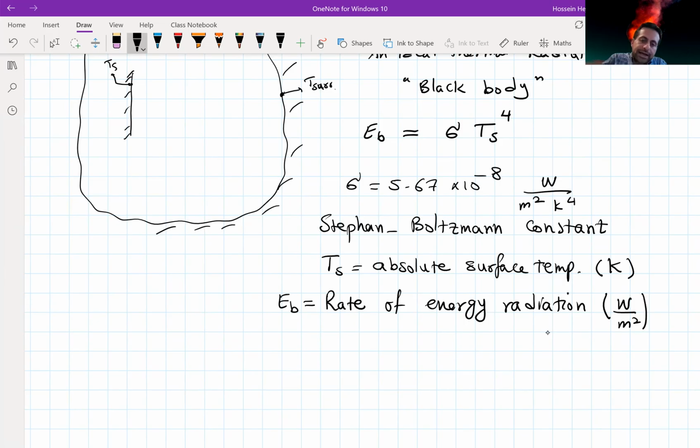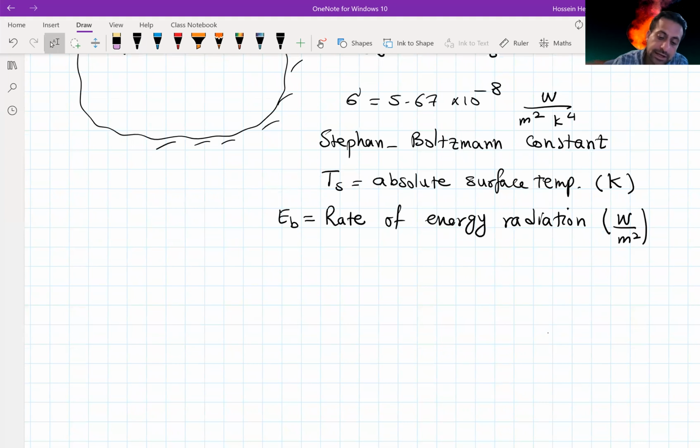Now, in reality, the objects can only emit energy as a fraction of the amount that a black body, or an ideal object, can emit. So that's how we introduce a coefficient here called epsilon, as emissivity.